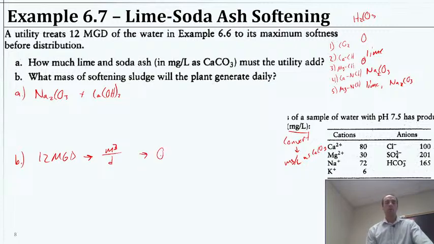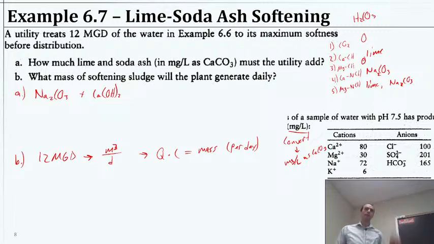So we take the flow times the concentration equals the mass. And if we had that flow on a per day basis, we get our answer, right? So I think that should be the process. Does that make sense?